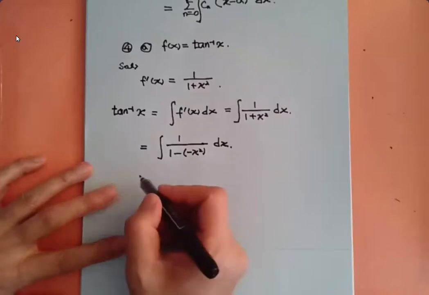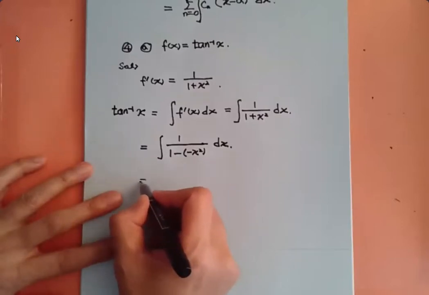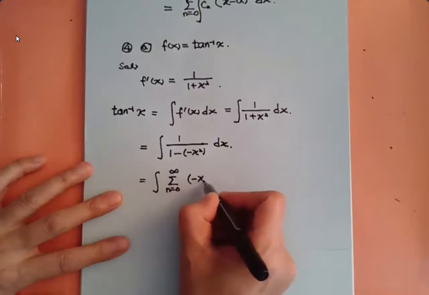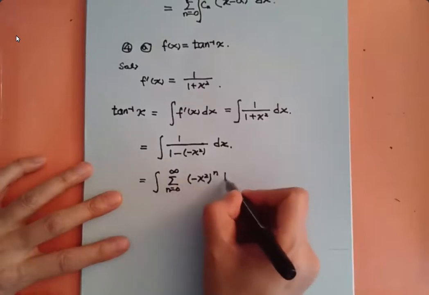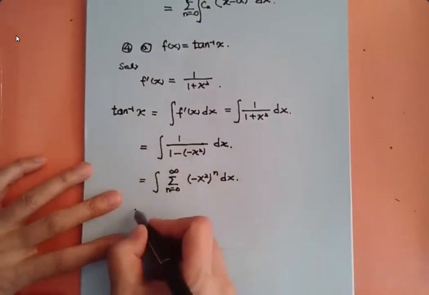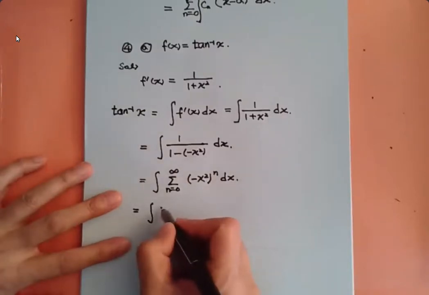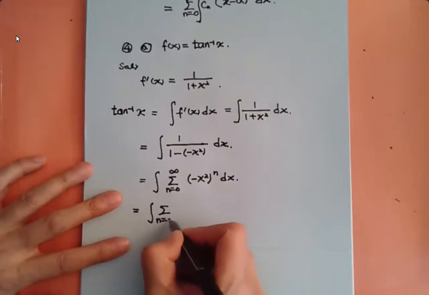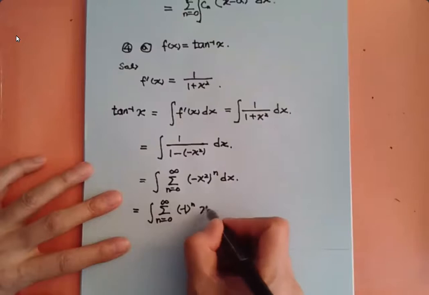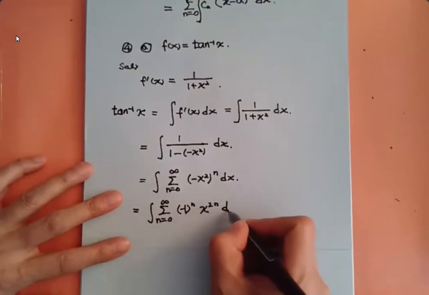So we can expand that as a power series, and then that is the integration of the summation n equals 0 to infinity of (negative x squared) to the n power dx. This can be rewritten as the integration of the summation n equals 0 to infinity of negative 1 to the n power x to the 2n power dx.